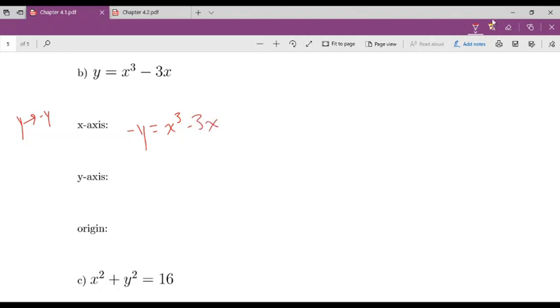Now if I divide by negative 1 to get rid of that negative 1 out front, I get that y equals negative x to the third plus 3x. That's not the same as this. I can't manipulate it to be the same thing as that. Therefore, it doesn't work. I'm just going to say not reflective over x.